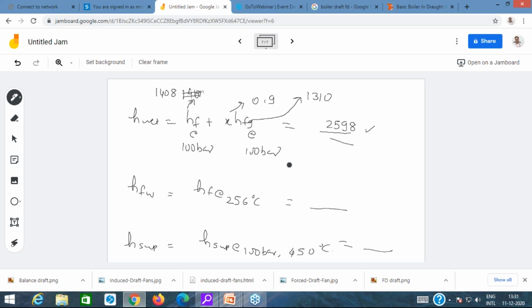Now you find the enthalpy of feed water at 256.